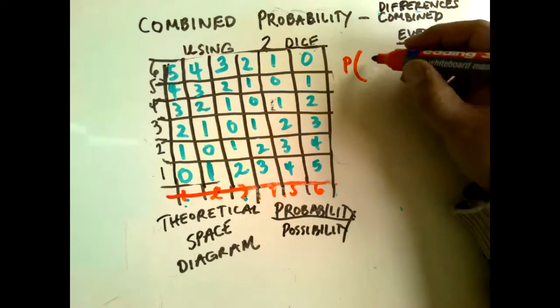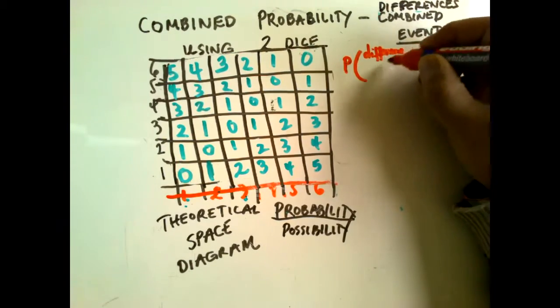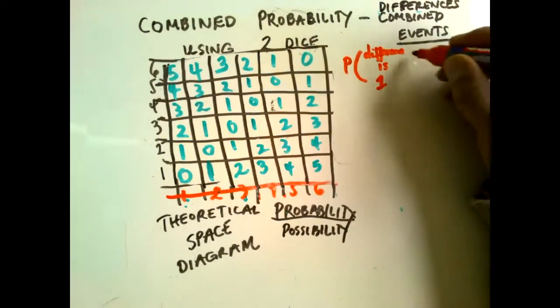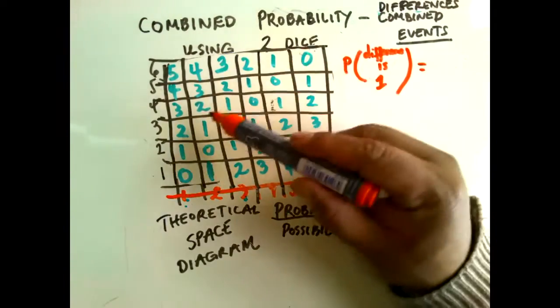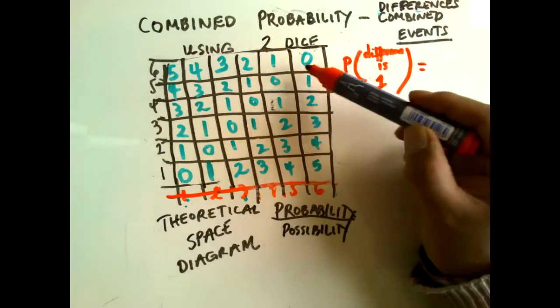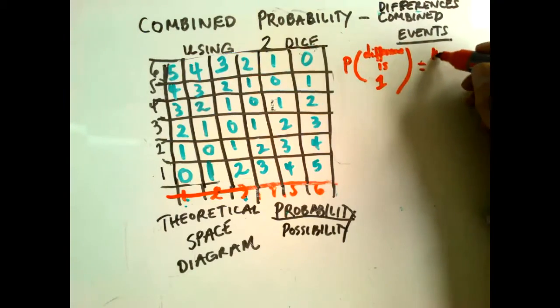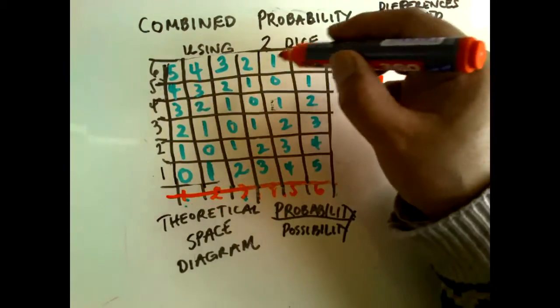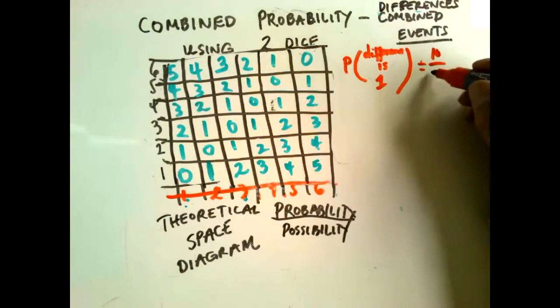And all you need to do is count the ones in here. How many ones in the result? It'll be 1, 2, 3, 4, 5, 6, 7, 8, 9, 10. So it's 10 out of how many? Yes, 6 times 6 is 36.